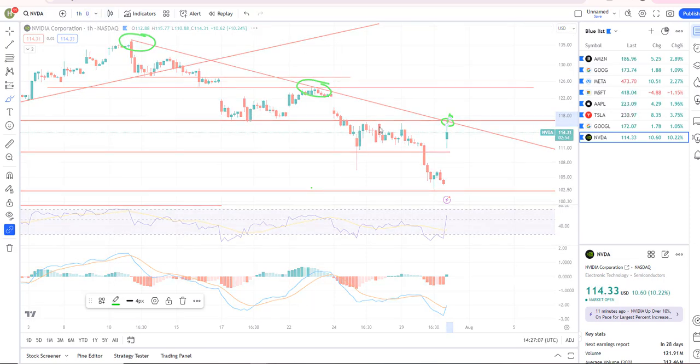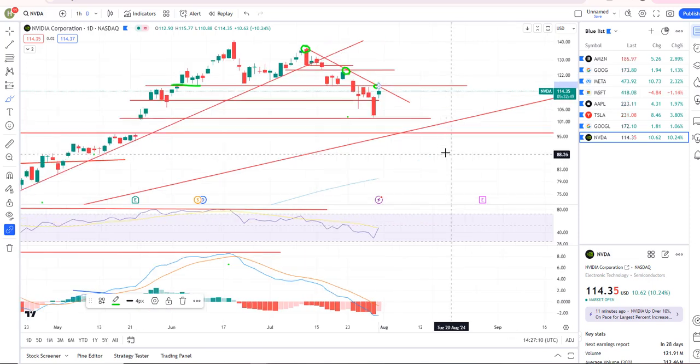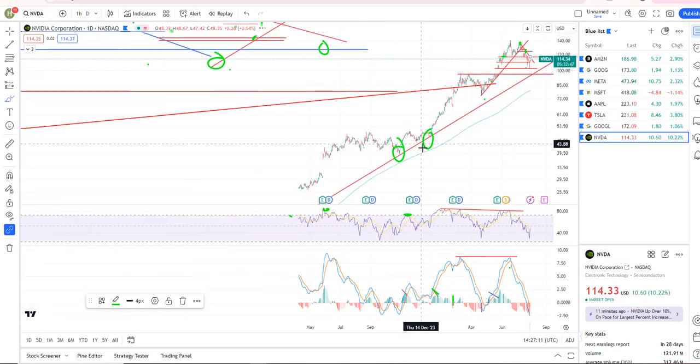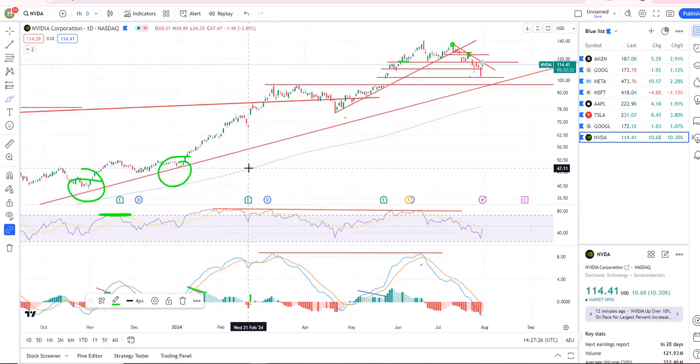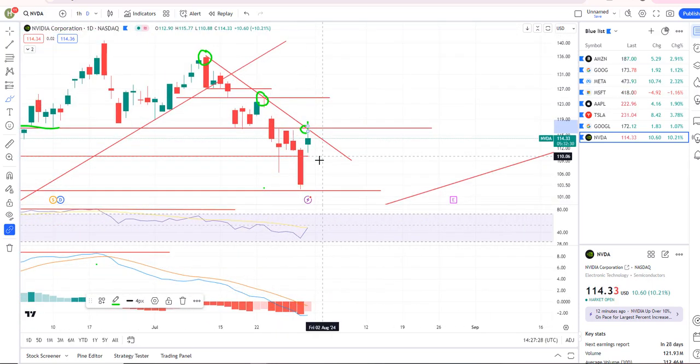So let's flip over to the daily chart, show you how I think this is going to go. You can see here on the daily, if I roll out and look at the larger time frame, here's your lows coming off October 2022. Basically the lows there haven't been tagged yet. As I zoom in, you can see lots of tags of support.